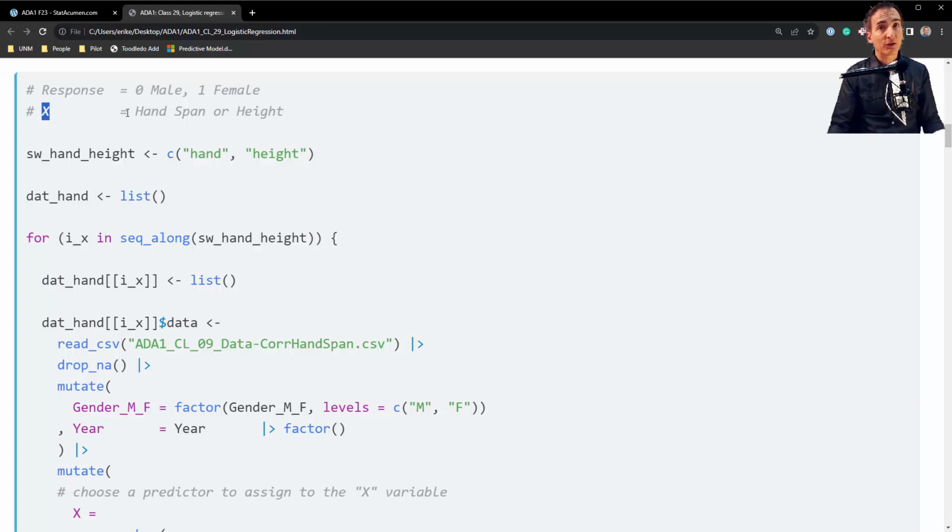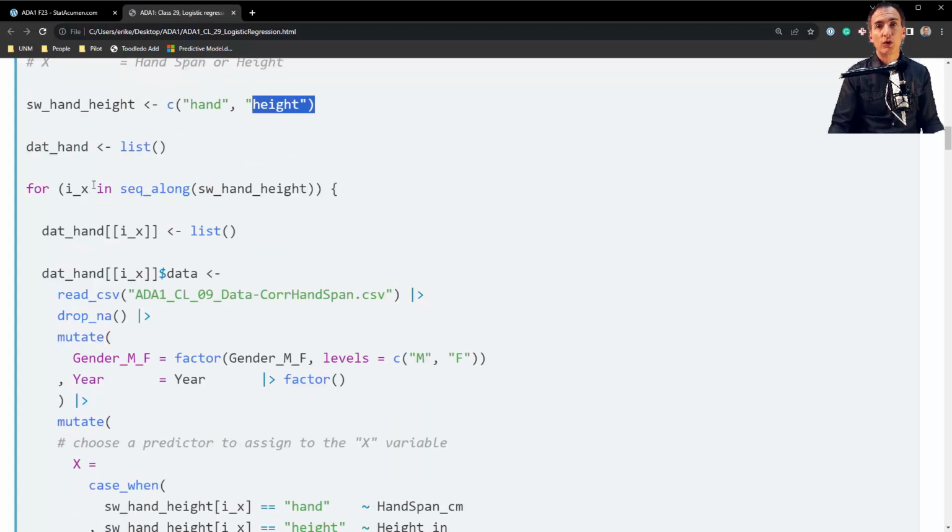Okay, and then I've got an x variable, which will either be hand span or height. So here is a switch for either hand span or height. I'm going to save all of the data and the results into this dat hand list, and I'm going to populate that list with all the objects that we need.